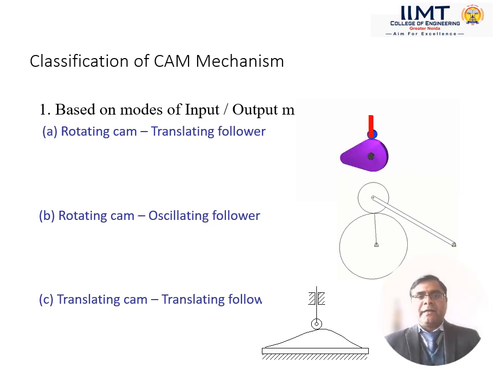In a rotating cam, translating follower, the cam has rotary motion and the follower has translatory motion. The second one is rotating cam, oscillating follower, where the cam has rotary motion and the follower has oscillatory motion. The third one is the translatory cam and translatory follower. In this type of arrangement, the cam has translatory motion and the follower also has translatory motion.